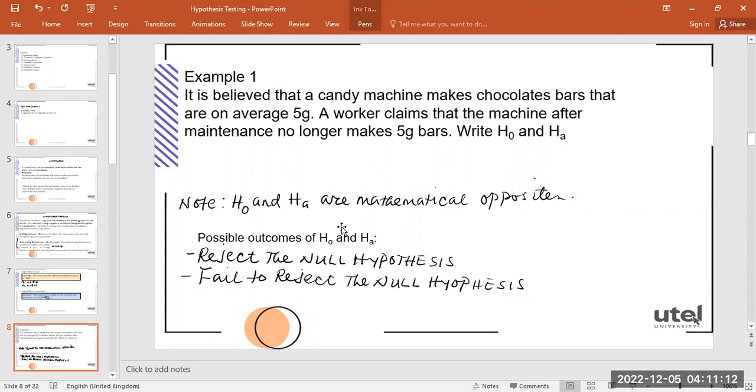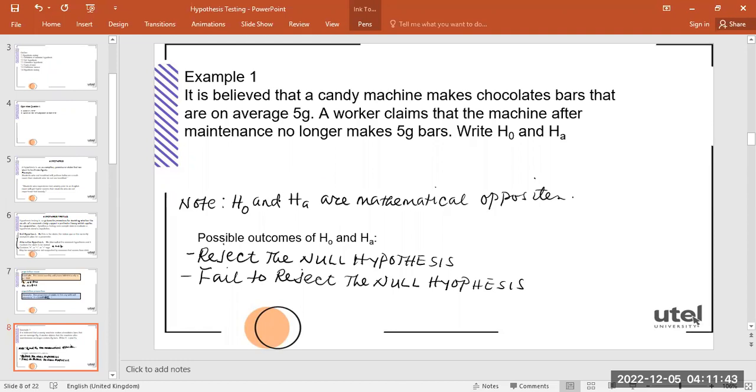Now, let's quickly see some examples of how the null hypothesis and the alternative hypothesis can be stated. The first example says, it is believed that a candy machine makes chocolate bars that are on average 5 grams. A worker claims that the machine, after maintenance, no longer makes 5-gram bars, and you are asked to write the null hypothesis and the alternative hypothesis.